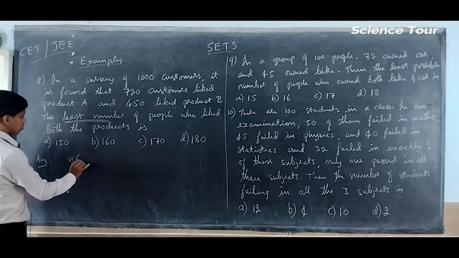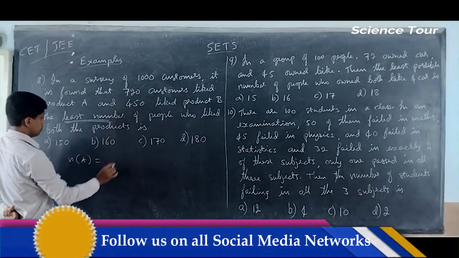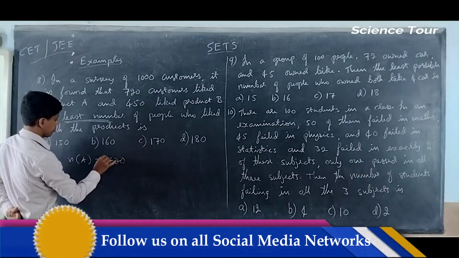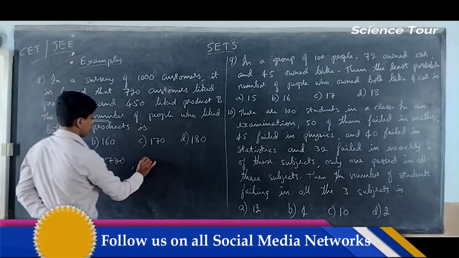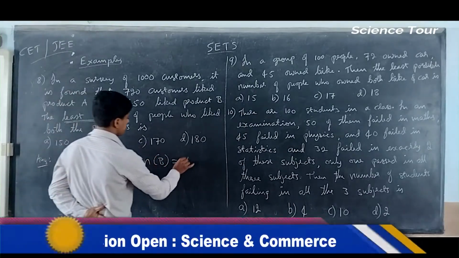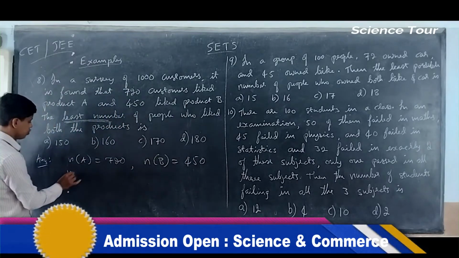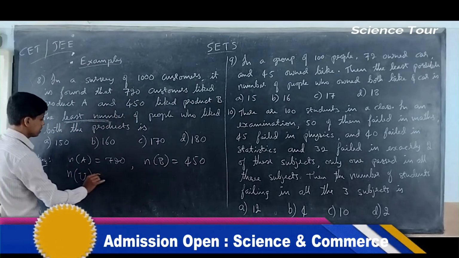N of A is 720 and N of B is 450, right? And what is N of U? Universal set, that is 1000.